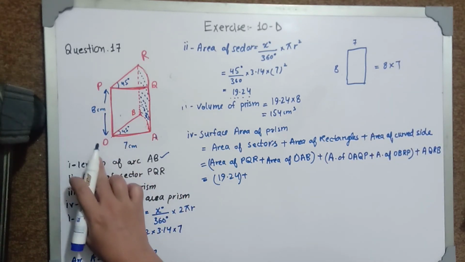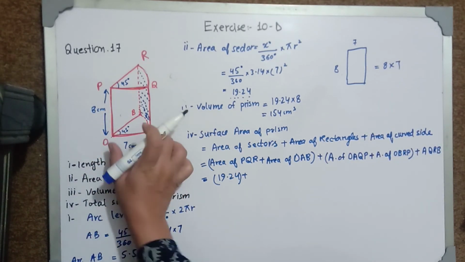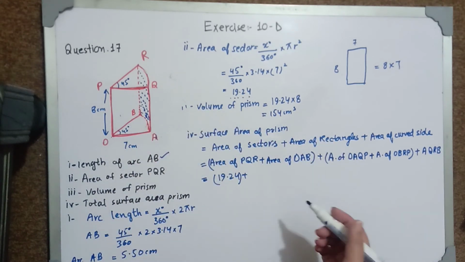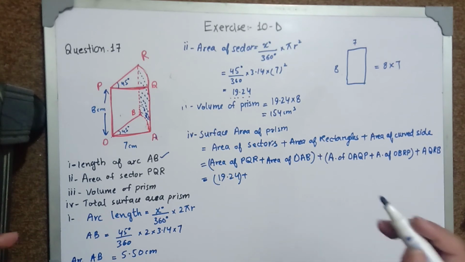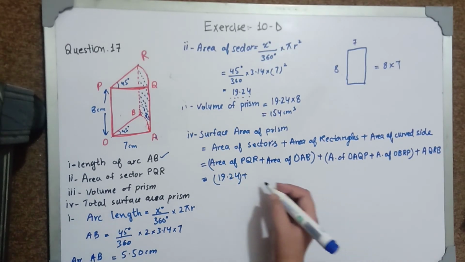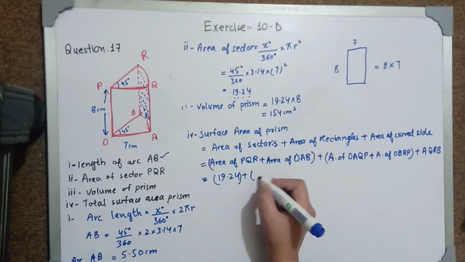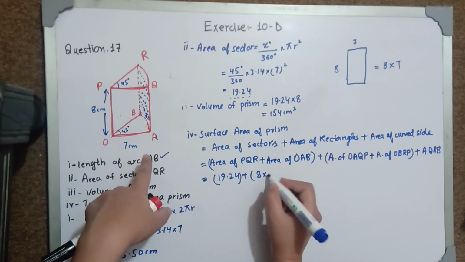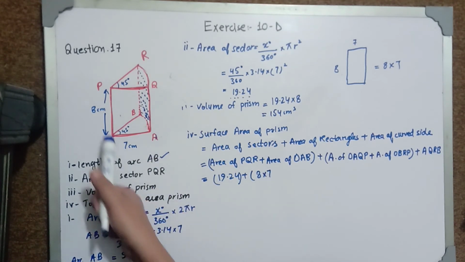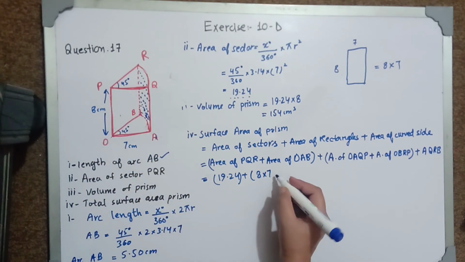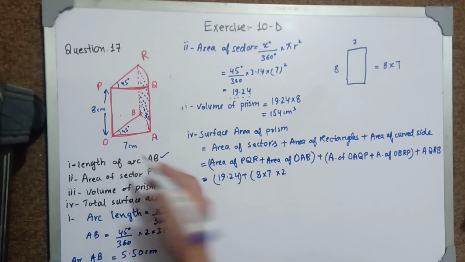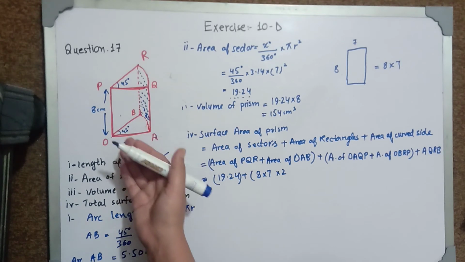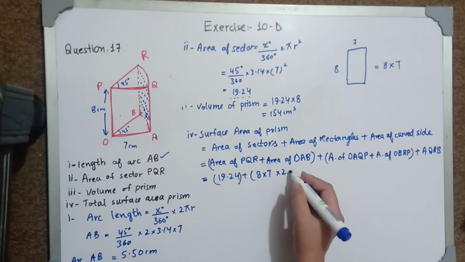Just like in this case, we have length 8 and the width is 7 centimeter for this rectangle PQAO, right? So I'm gonna multiply 8 by 7, right? To find the area of this rectangle. And I'll multiply it by 2 because I have two rectangles of the same length and same width.